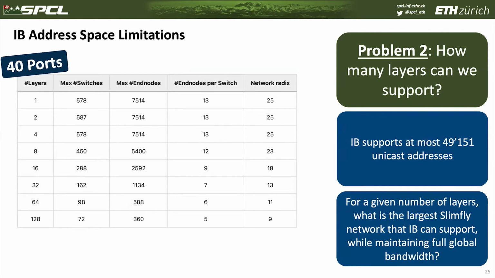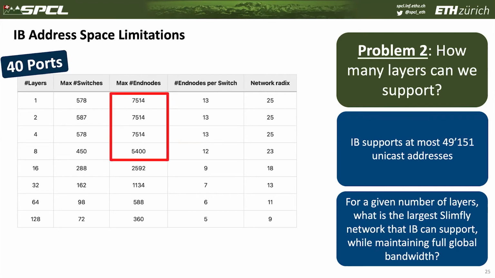And what we can see is that for 1, 2, and 4 layers, we do not actually have to sacrifice any network size. The reason is that in that setting, the network size is actually not limited by the address space, but rather by the hardware, so by the 40 ports that we have available. For that reason, it is very apparent that we can always use 4 layers with any size of network that is based on the SlimFly topology.